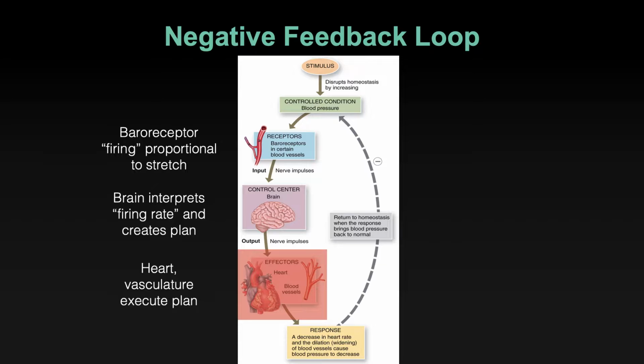It can make the heart not beat as strongly or as forcefully. It can tell all the arteries to relax and open up. All of those things will help to bring blood pressure back down. So this is a signal that's in opposition to the original stimulus.